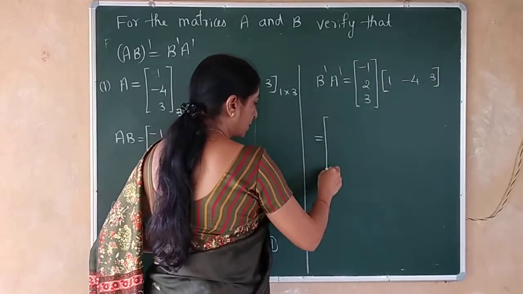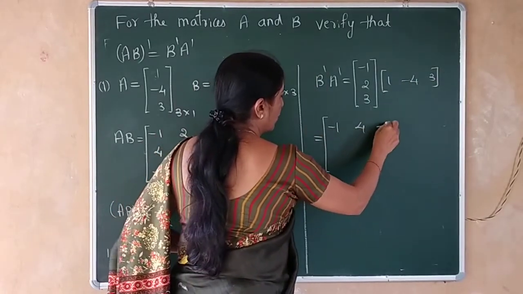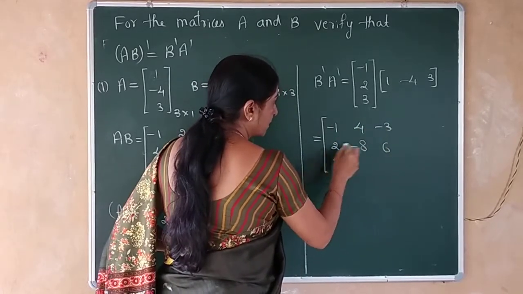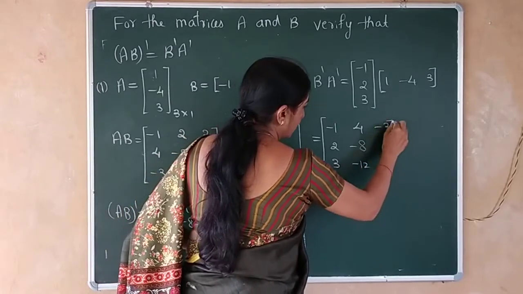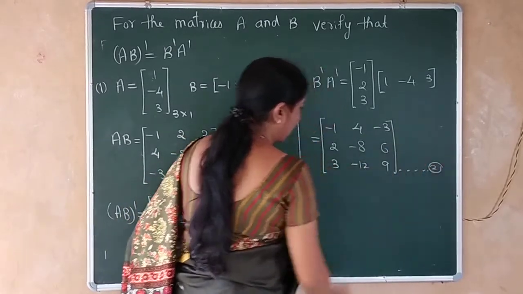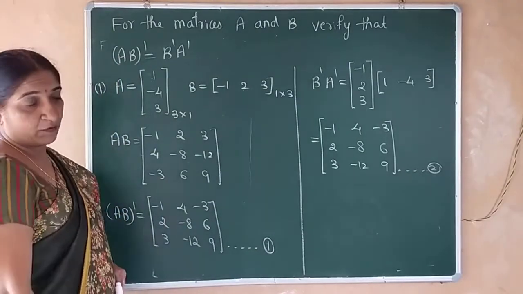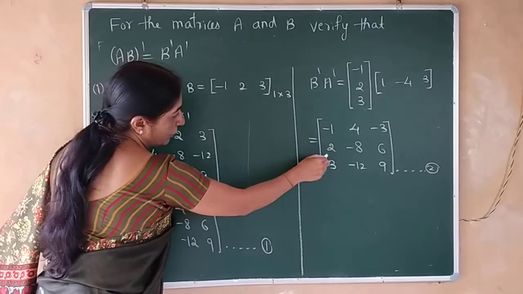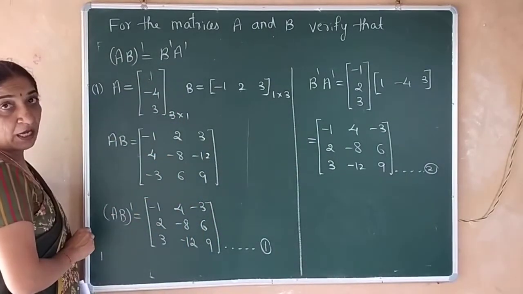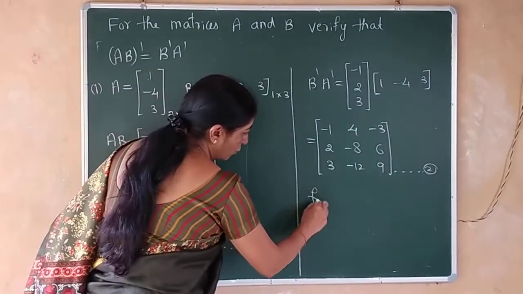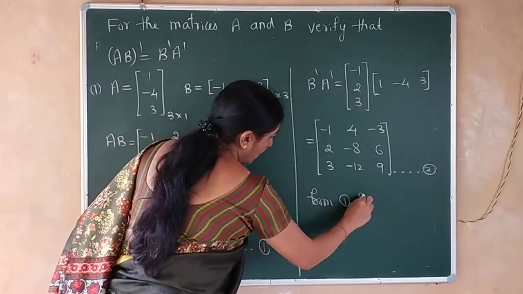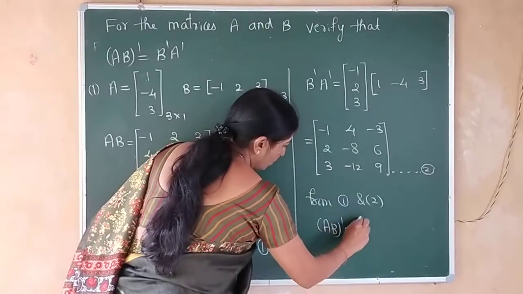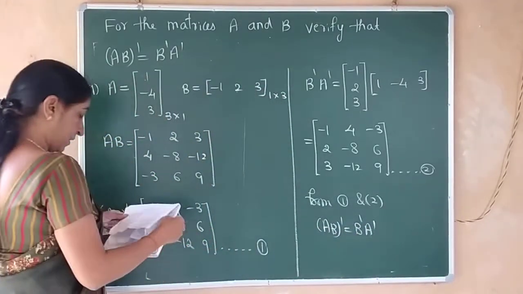So multiply: [-1, 4, -3; 2, -8, 6; 3, -12, 9]. This is equation 2. See, I wrote directly because you are already familiar. So AB whole transpose is this matrix, B dash and A dash is this matrix. Compare the two. Are they the same? What is your conclusion? From 1 and 2, AB whole transpose is equal to B transpose into A transpose.